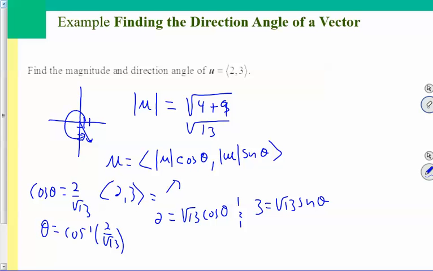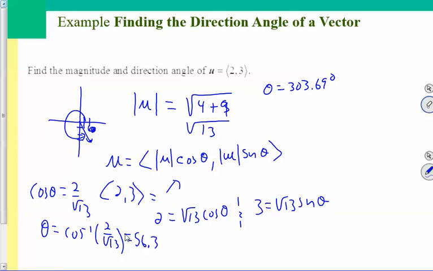When I do that, I get 56.3, but that is this little bit right here. So I have to do 360 minus that angle, which gives 303.69. My direction angle is 303.69 degrees, because I'm in the fourth quadrant.